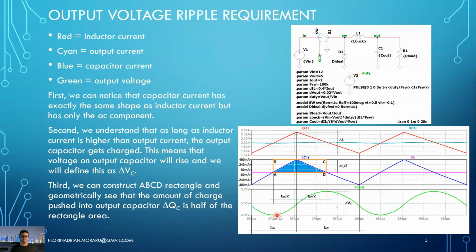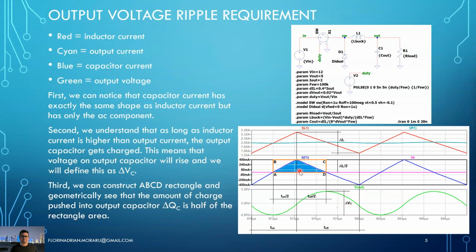So this voltage variation here is actually what we called the ripple, the peak-to-peak ripple voltage, and this is delta VC. So we have imposed in our design data a maximum of 100 millivolts for this delta VC.